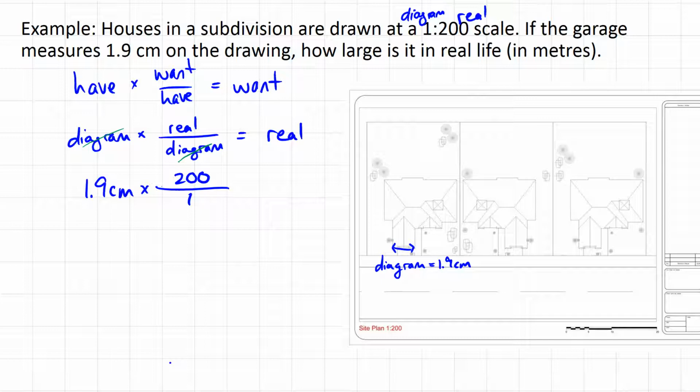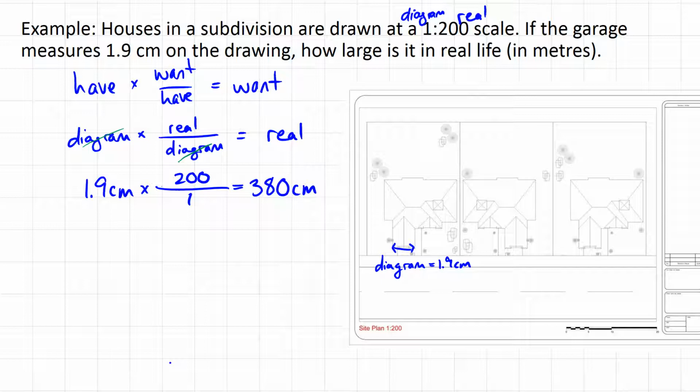So 1.9 times 200 is 380 centimeters. If we stop to think about what we've done, we've taken a small distance from a diagram, 1.9 centimeters, and multiplied it by 200 to make it much larger, equal to 380 centimeters.